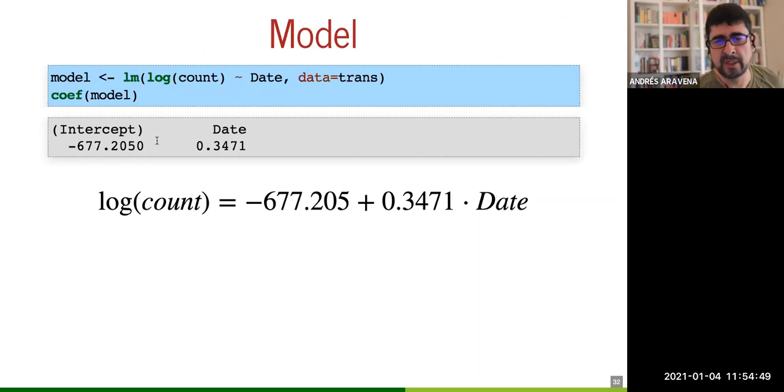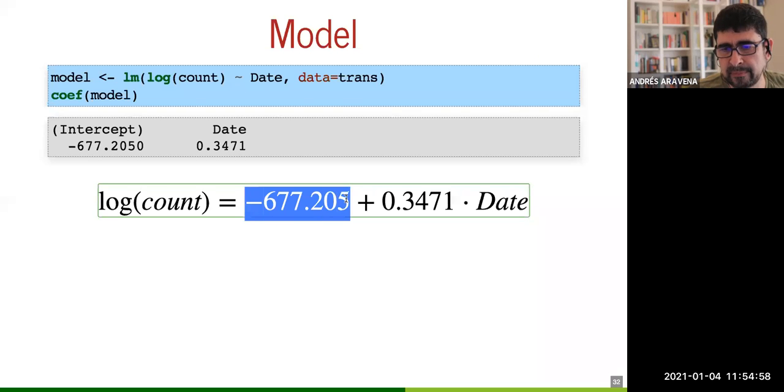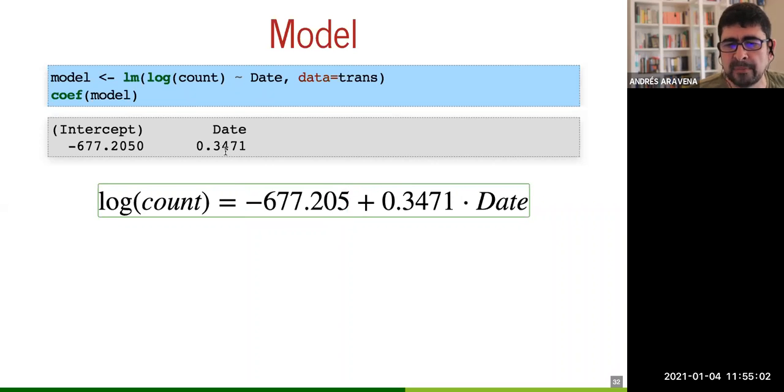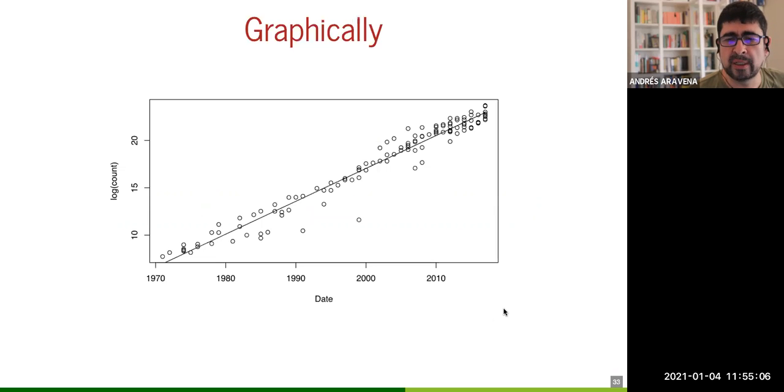Very, very easy. Now, these numbers are not very useful, to be honest, because you get a log of count, and there is not an easy interpretation. But they're just showing that they match well. That is a good thing.